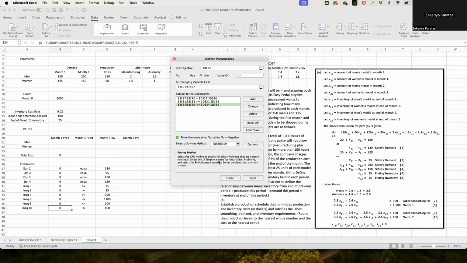After you solve, please make sure you include the sensitivity analysis report and answers report to get the details about this problem, answer more questions, and see what kind of flexibilities you have. But as this is a homework problem, I'm not just running it; once you click on solve, it's going to give you all those answers in there.